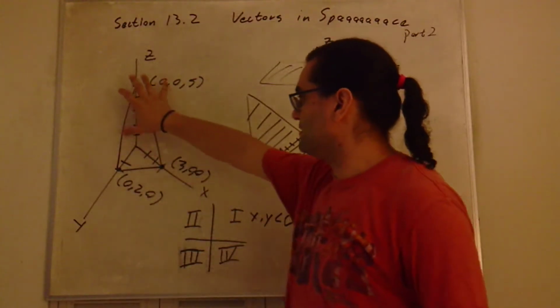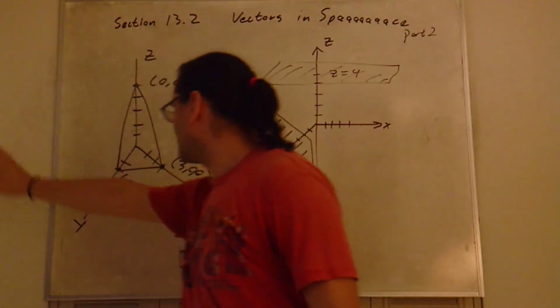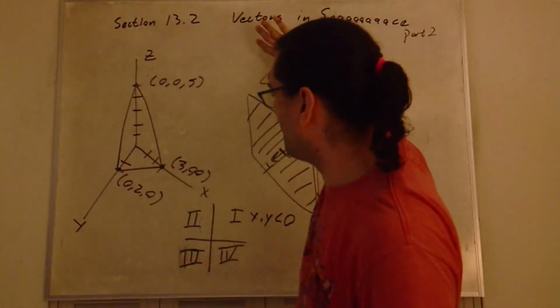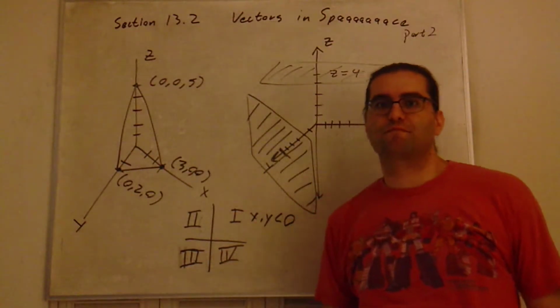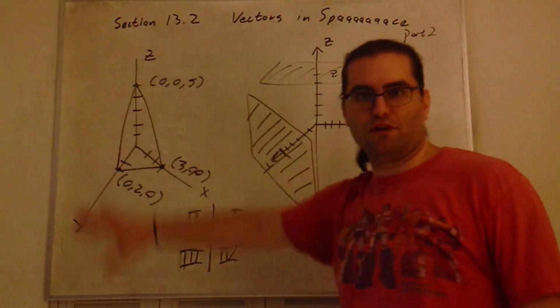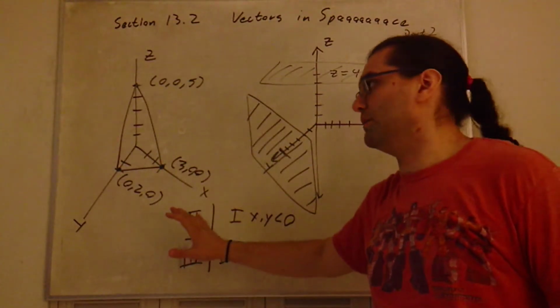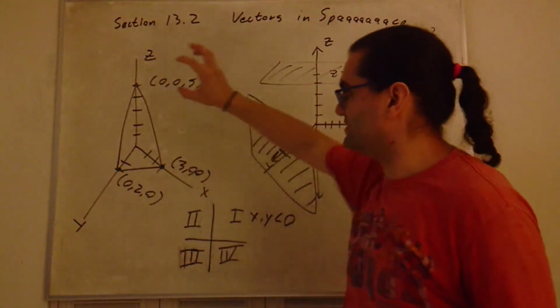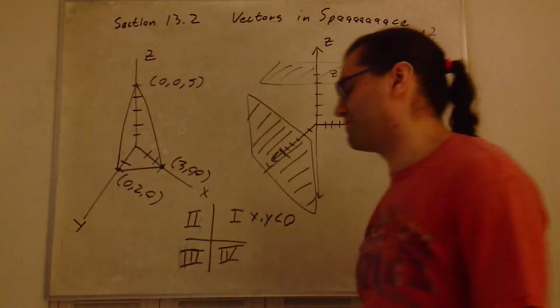This is the first octant. So like if we went back this way, x would go negative. If we went back that way, y would go negative. And if we went down, z would go negative. And any one of those could be the second octant. I honestly have no idea. But I know that the first octant is this one, where x and y and z are all positive.